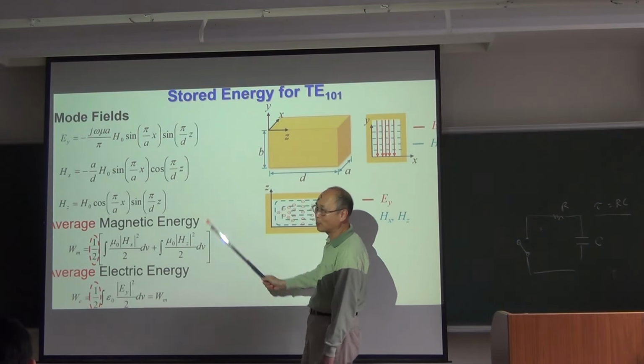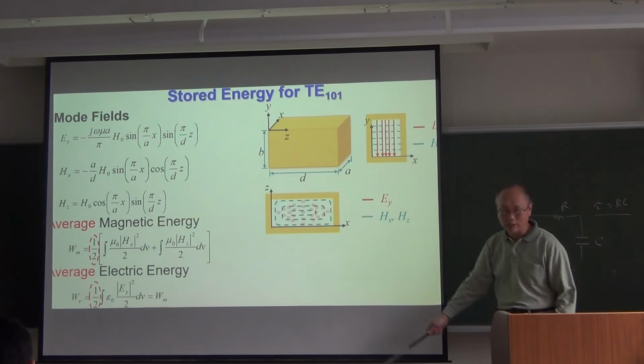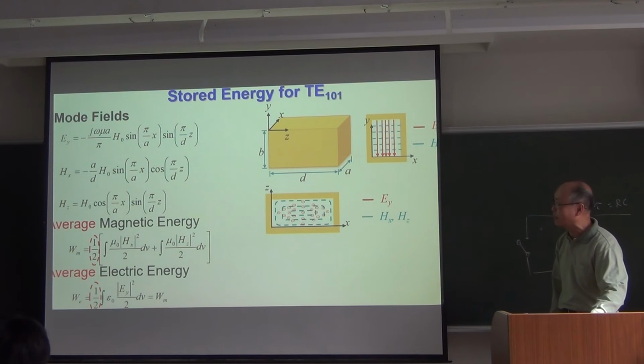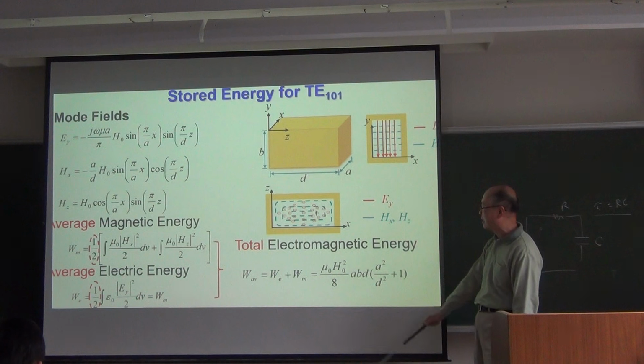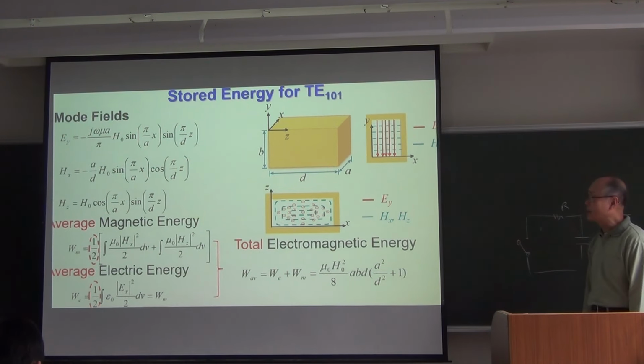With those few expressions, of course, you can finish this calculation by yourself. Okay, just do the volume integration. And then you end up having the total electromagnetic energy in this calculation.